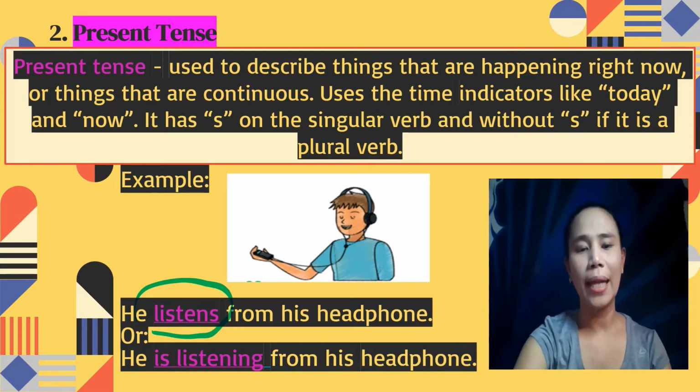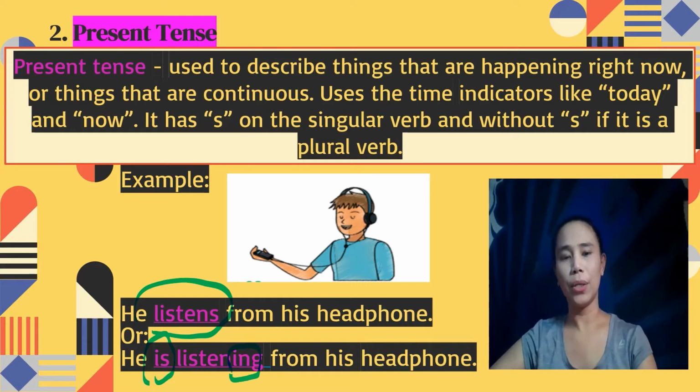We also can have the verb to be, which is, and if you are using verb to be, you will be adding ing to the main verb or to the base form. So we can say he is listening from his headphone. So we'll be also discussing the verb to be on the next slides.